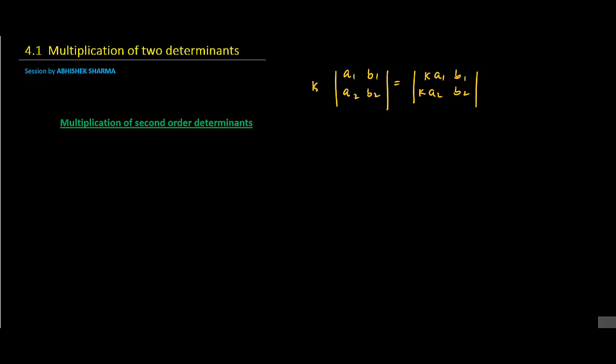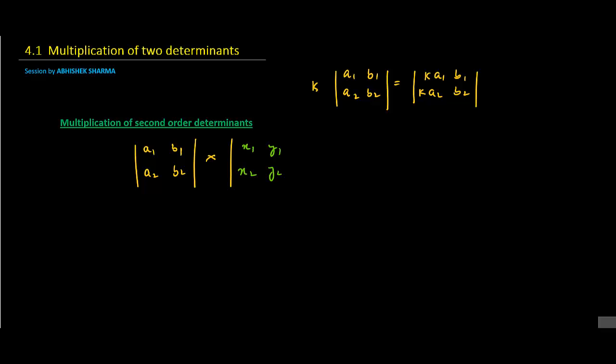But now we'll try to understand how to actually multiply two determinants without expanding. Let's take an example. Suppose we have two determinants of order 2. Let's say a1 b1 a2 b2 is one determinant, and the second determinant is x1 y1 x2 y2.